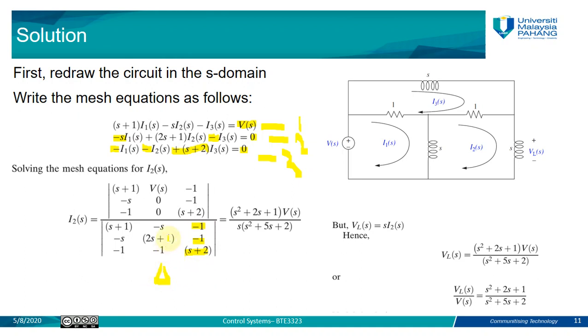We also have the numerator, which represents the value of delta I2.